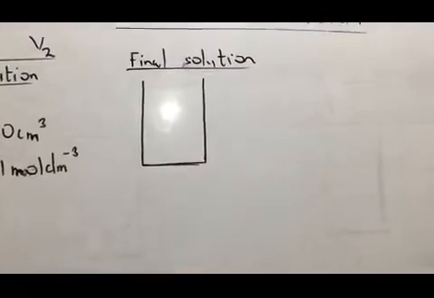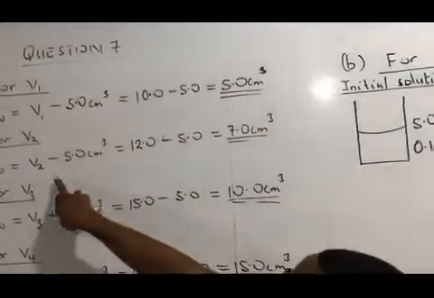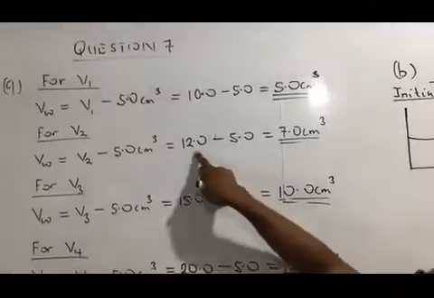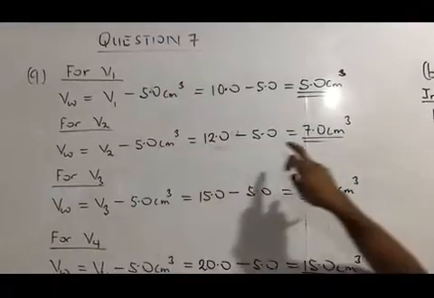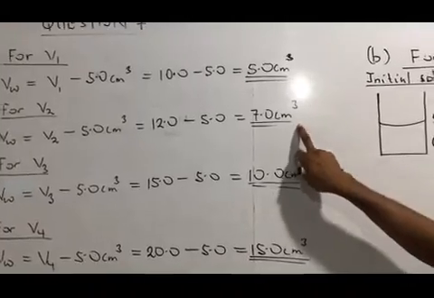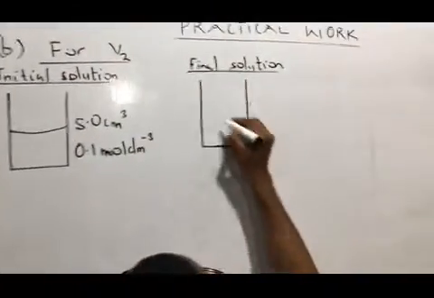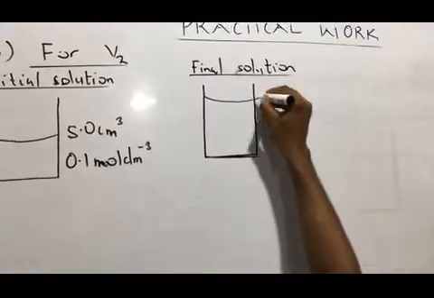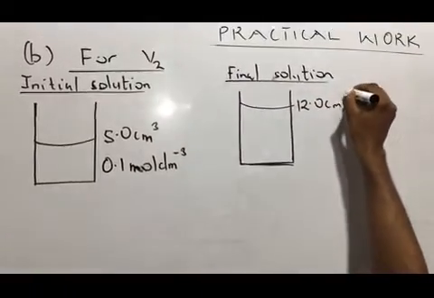For V2, the final volume, the value for V2 is 12. So that was the final volume. It is from this that we subtracted the initial to arrive at the volume of water that was used. So the final volume in V2 was 12 cm cube.